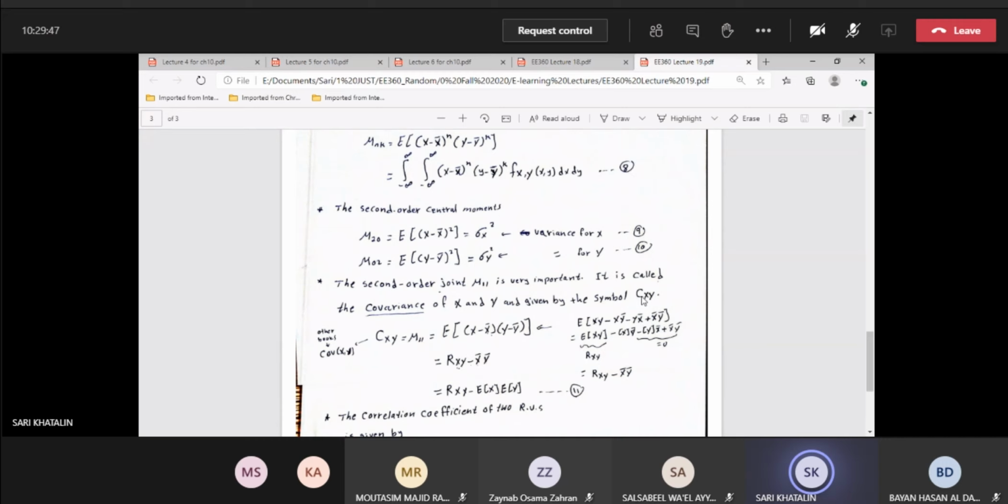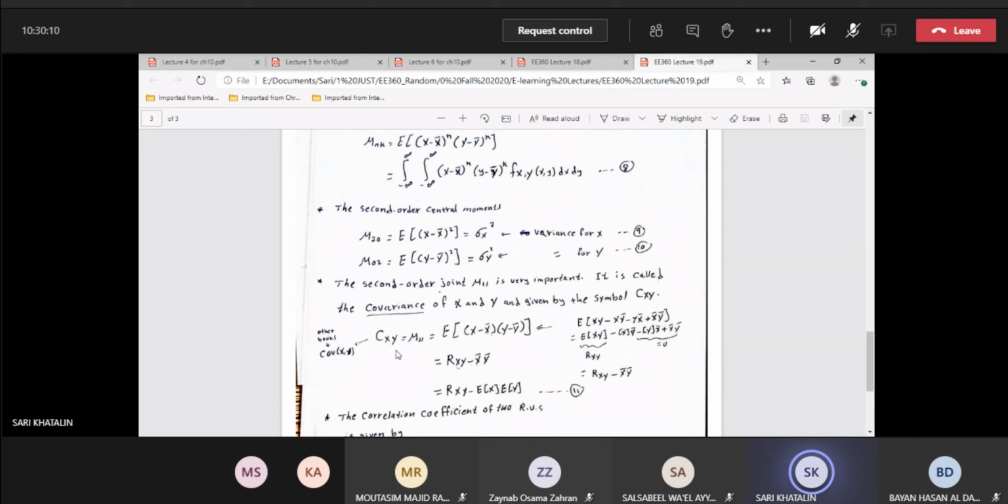We're going to refer to it as capital C, subscript x and y. Some books refer to it as COV. Both are okay, so if you see COV in our book or other books, it's the same thing as capital C, x and y.